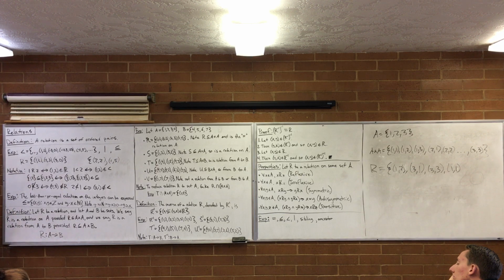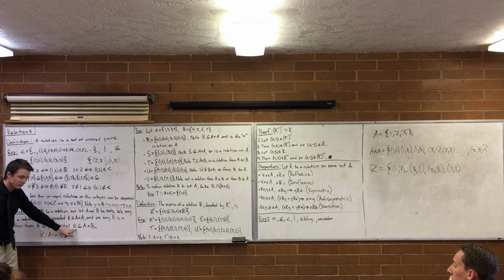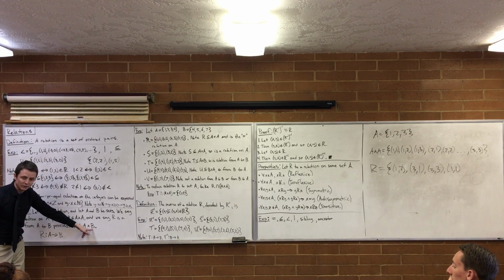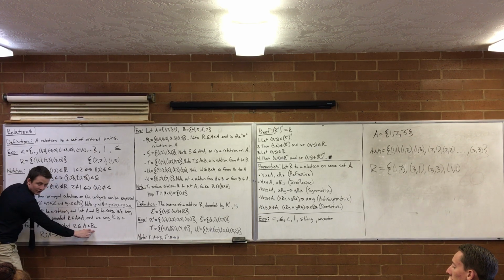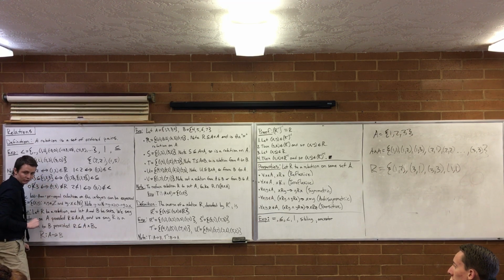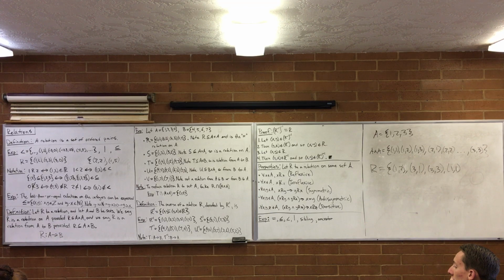It just means all its left-hand elements are from this set, all its right-hand elements are from this set. If R is a subset of A cross B, what's A cross B? That's the set of all ordered pairs where the left-hand element's from A and the right-hand element's from B.